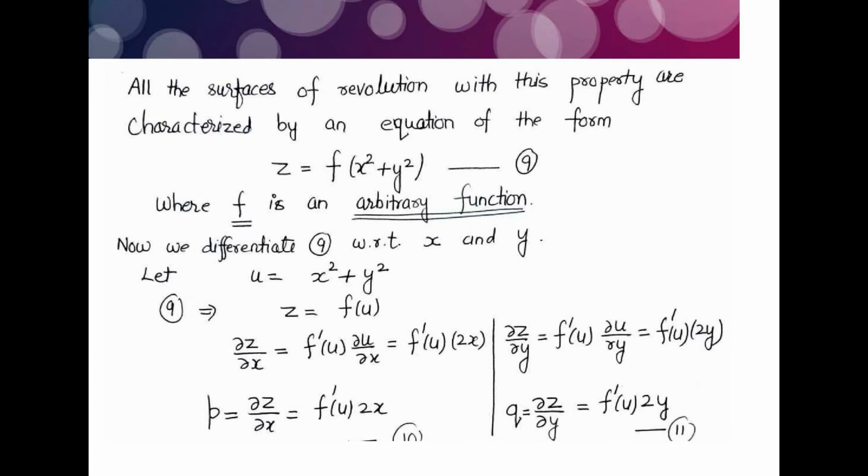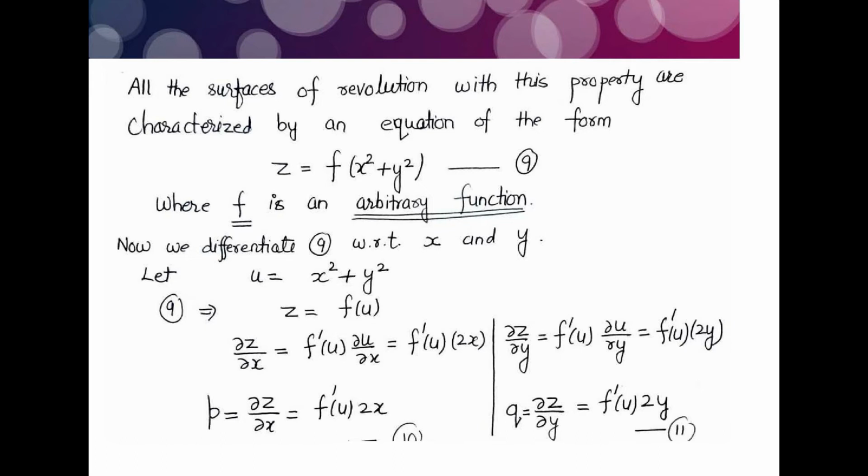On the left hand side we get the derivative of z with respect to x. This is equal to f dash u times the partial derivative of u with respect to x. Now the derivative of u with respect to x is equal to 2x because u is x square plus y square. So finally we have equation number 10, p is equal to f dash u times 2x.